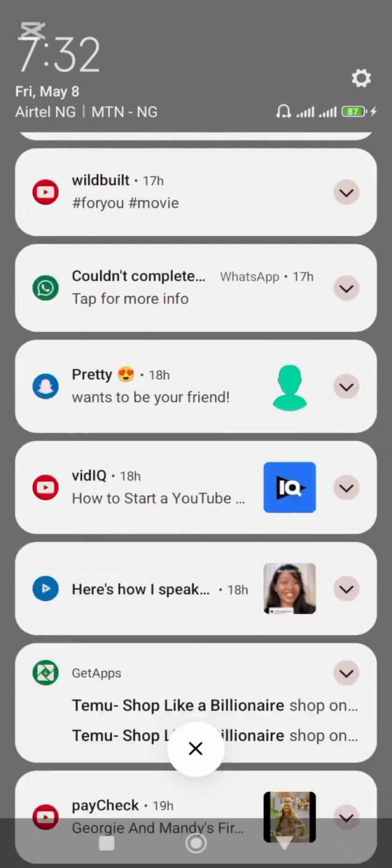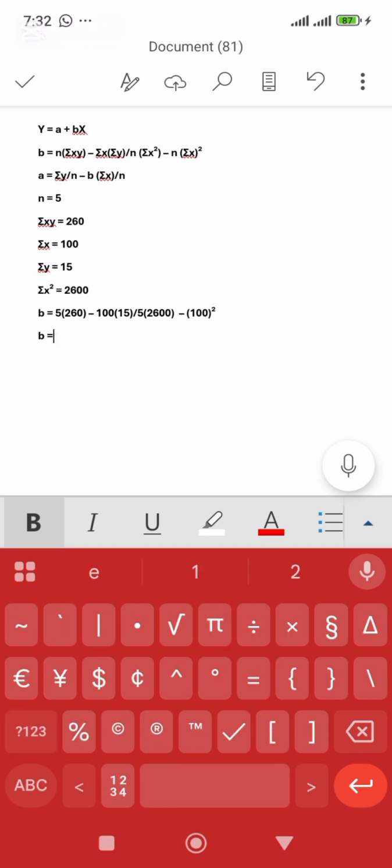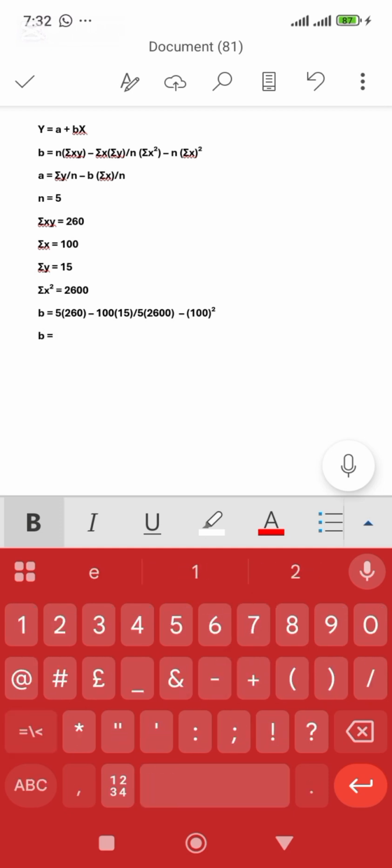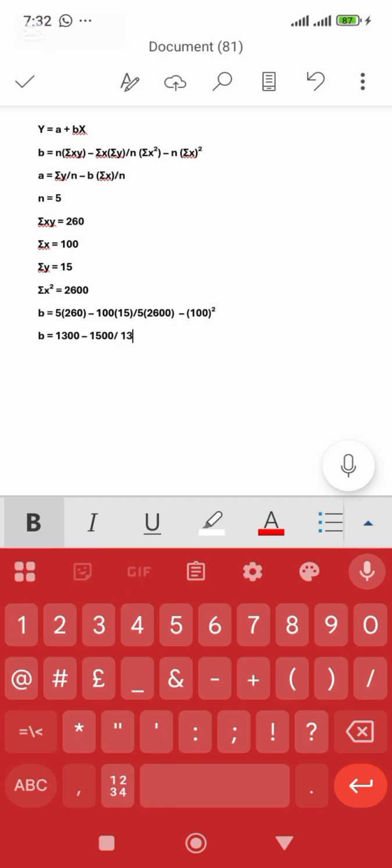Okay, so you can see I was increasing the brightness there, but I see it's okay already. Because of 1300 minus 100 times 15, 1500, divided by 5 times 2600 will give us 13,000.